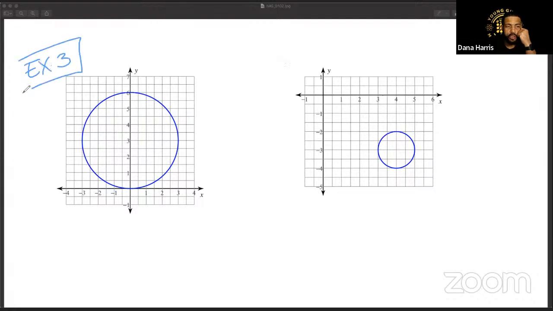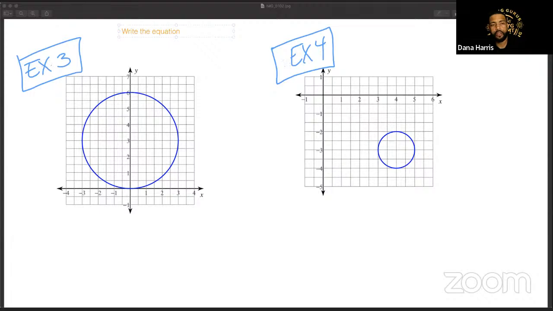Example tree and example 4. All right, so what I want to find, let's take off the annotate for a second. Actually, I still need to annotate. I want to write the equation of the circle given in the graph. I just put some general directions on there so you'll know what you're actually doing if you're watching this video.